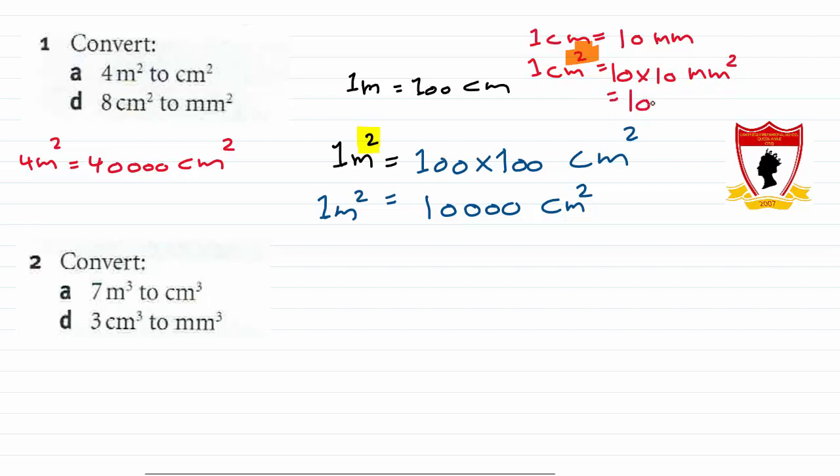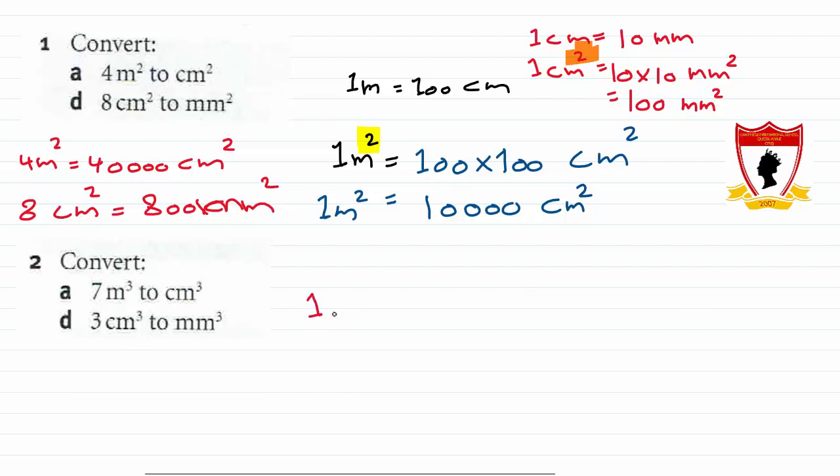So 1 centimeter square is equal to 100 millimeters square. What about 8 centimeters square? 8 centimeters square is 800 millimeter square.